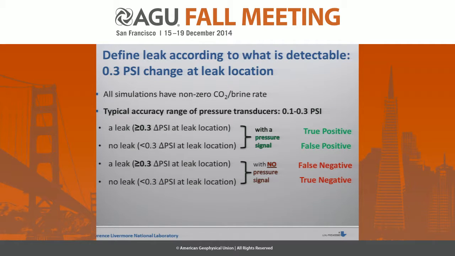So we say if there's an absolute change of 0.3 psi at the location of the leaky well, we're going to call that a leak at that time for that simulation. That will help us define when our true and false positives and negatives might occur.